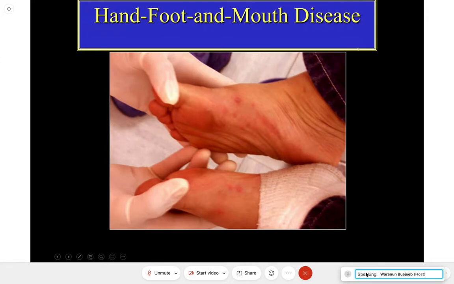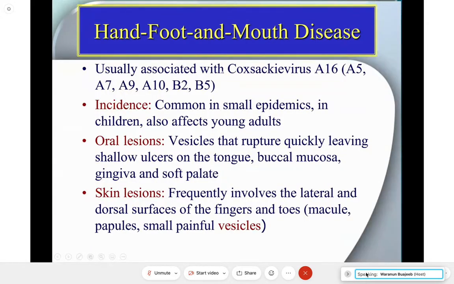So this is hand, foot, and mouth disease, usually caused by Coxsackie virus A16, but other strains can also cause it. This is common in children also, but also affects young adults. And it occurs in epidemics.